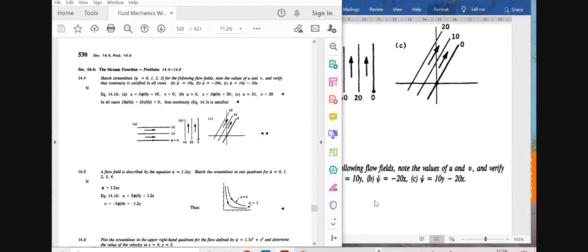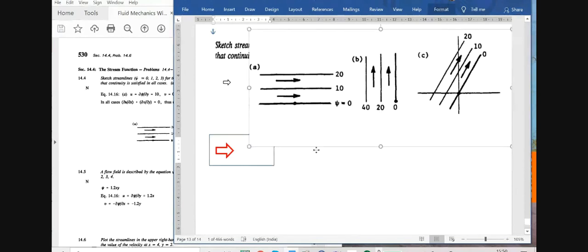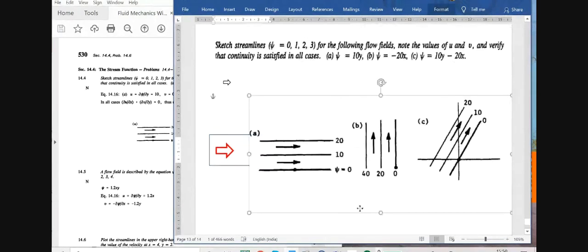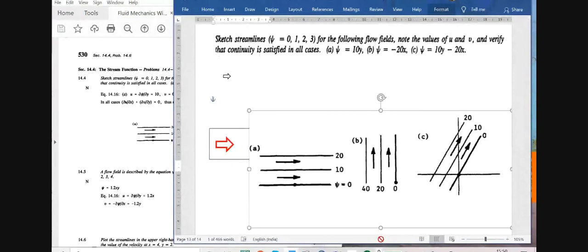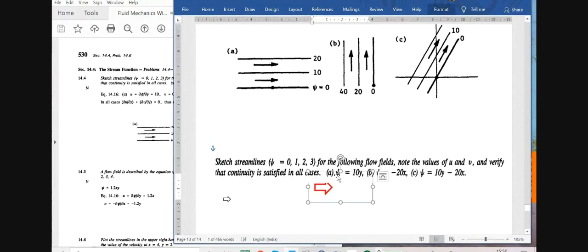So for this case, u is 10 and v is equal to 0. What is dou u by dou x?